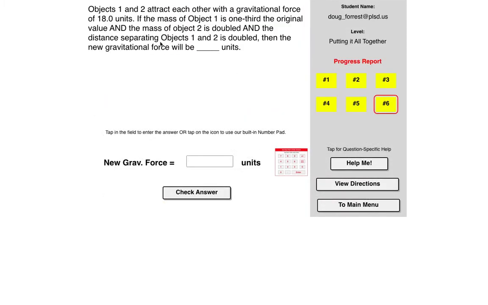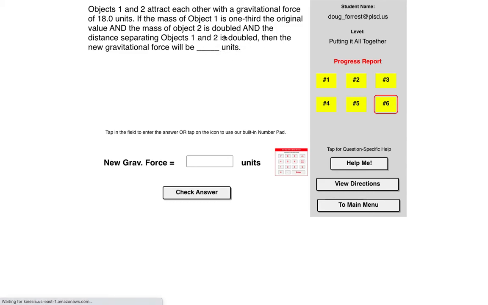So now we're looking at both of these things. So what I would do, if you watch the EdPuzzle video, we think of all the numbers starting off as being 1s, 1 times 1 times 1 over 1 squared, and then for the final situation we put in the numbers for how they've changed. So 1 times 1 over 1 squared gave me 18 units. So here I've got 1/3 times 2 divided by 2 squared.